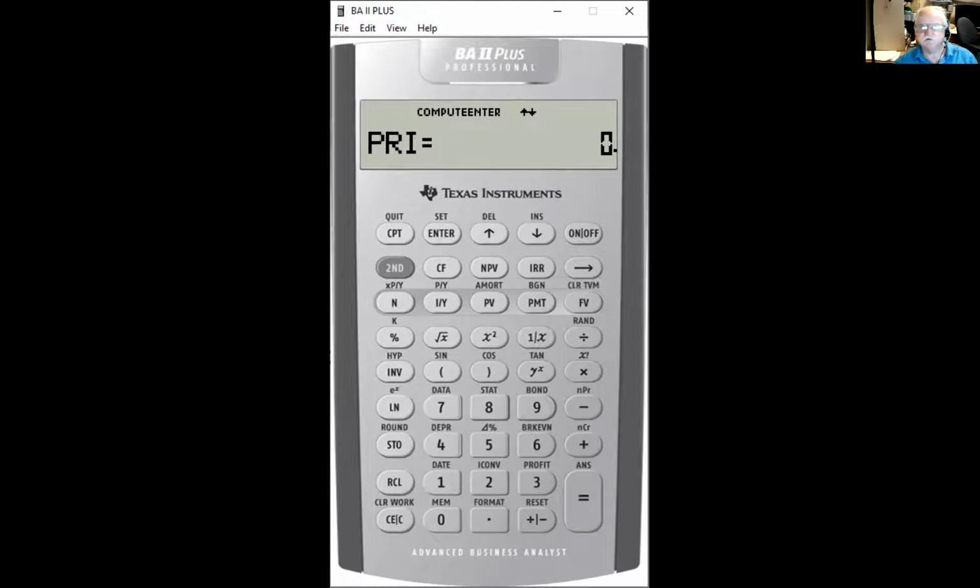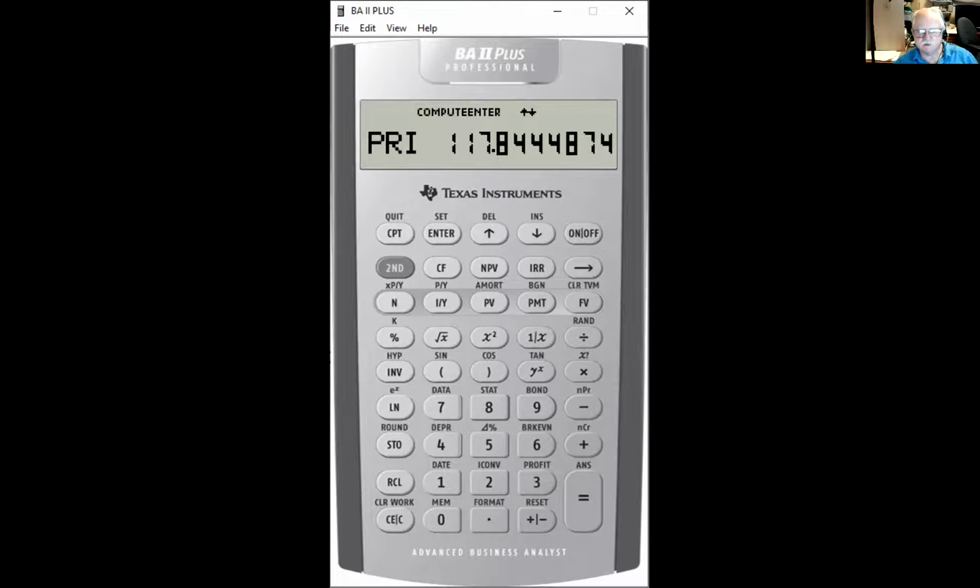And the price, we're going to go compute and we get a price. Notice this price doesn't really make a whole lot of sense to us, but we're going to store it anyway. Go store 7 because we're going to need that number. And notice we have down here called accrued interest.